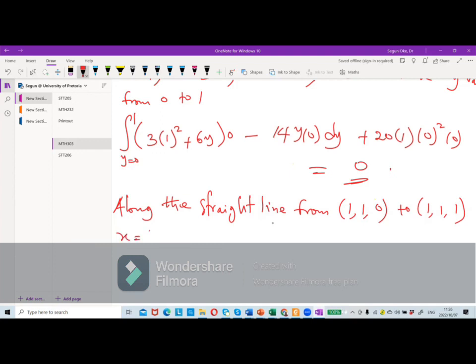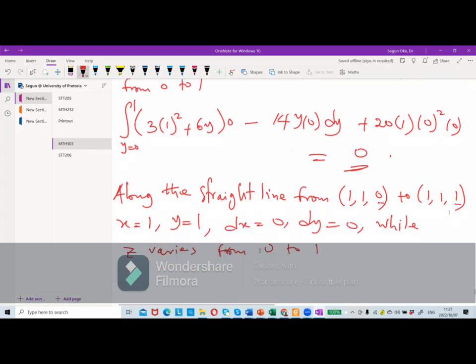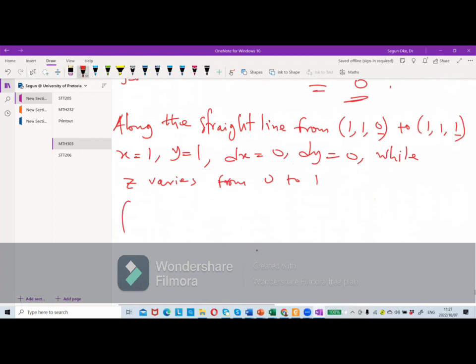This is simple as x is equal to 1, y is equal to 1, and z varies from 0 to 1. You can see from 0 here to 1 here. So it varies, so we can substitute it here.